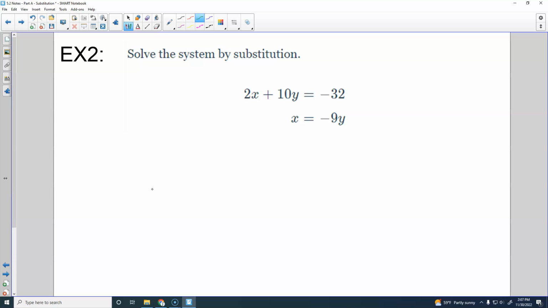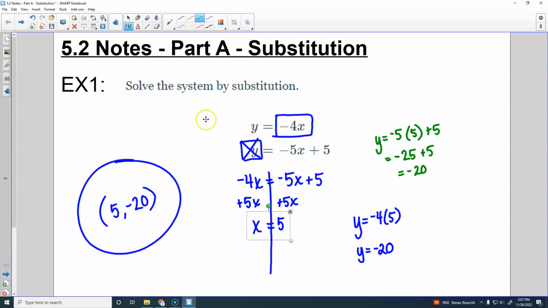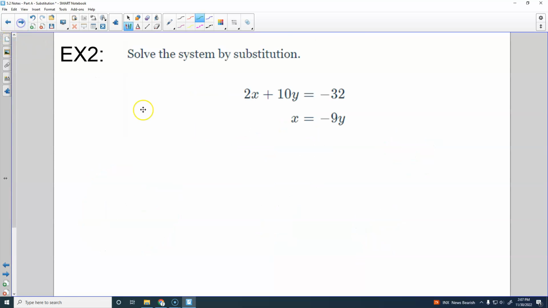So the whole idea is called substitution, right? It says if y is, so like on this last one, y was equal to negative 4x. So I could take out the y in the second equation and replace it with negative 4x, right? So in this equation, I know x is equal to negative 9y, right? x is already solved for this value, right?